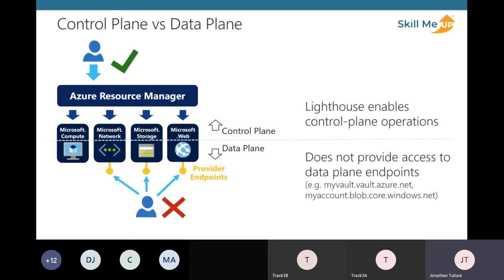But because that does not go through Resource Manager, this Lighthouse control does not give access to those resource provider endpoints, those data plane endpoints. So you have a Key Vault endpoint, that again has authentication using AAD, uses AAD tokens to authenticate. But because that's not through Resource Manager, that's not in scope for Lighthouse. This is only about the control plane. So that's very important to bear in mind.